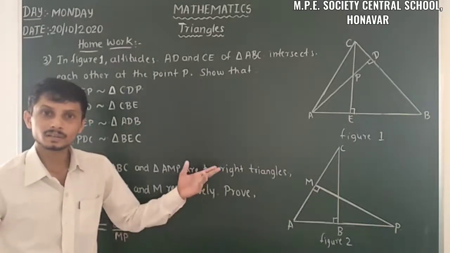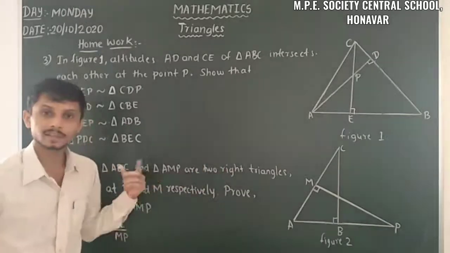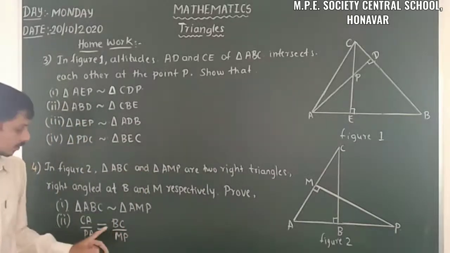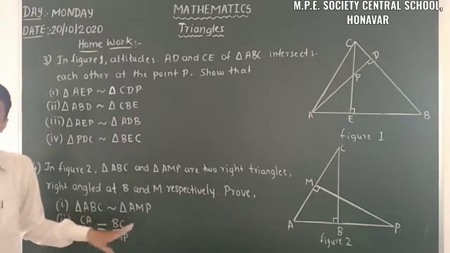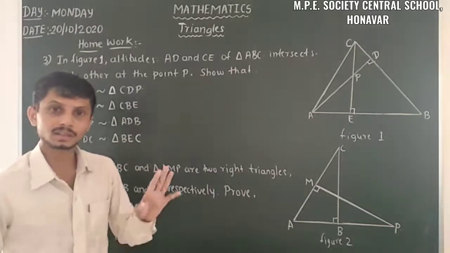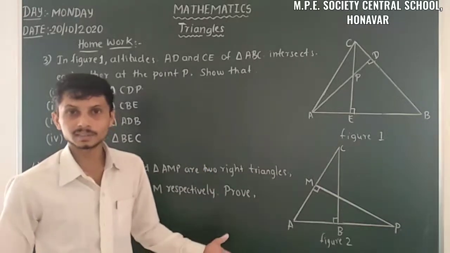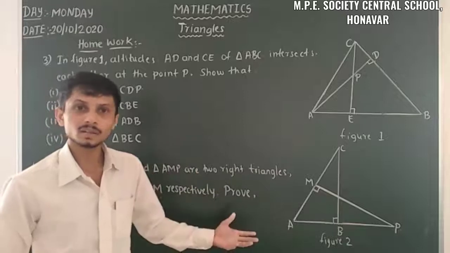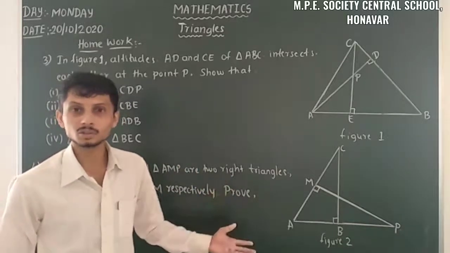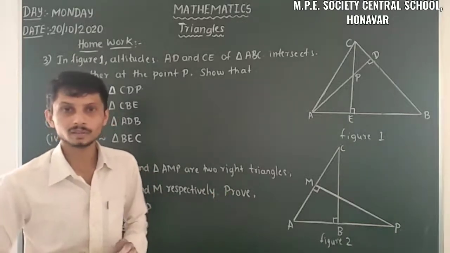Then we can take the AA similarity criterion, and those two triangles are similar. Then, since the triangles are similar, the corresponding angles are equal and the ratios of corresponding sides are proportional.